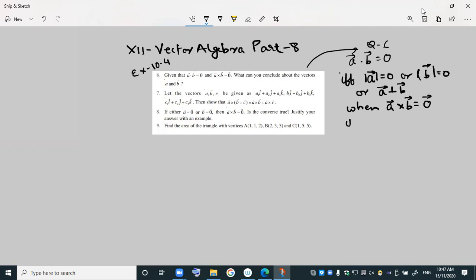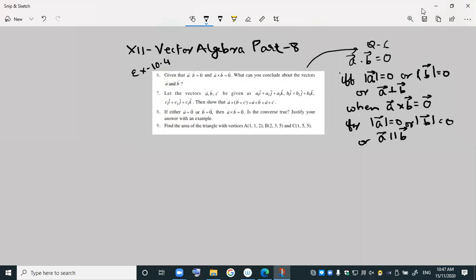When this is equal to 0, this can be 0 for modulus of A equal to 0, or the magnitude of B equal to 0, or the third condition, A is parallel to B.